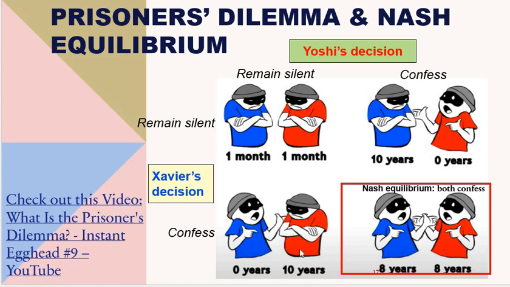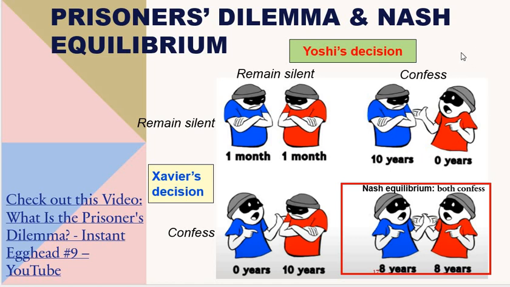So obviously, Yoshi better also confess so that he has 8 years instead of 10 years. Putting the two scenarios together, the conclusion is that no matter what Xavier chooses, the dominant strategy, the better option, is always to confess for Yoshi, which means Yoshi will always choose to confess.